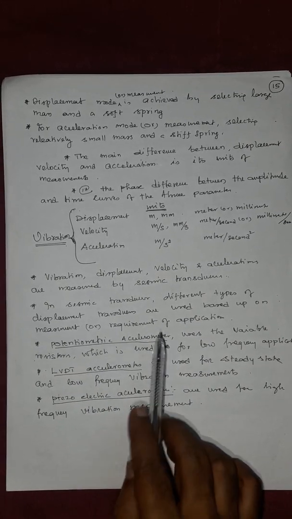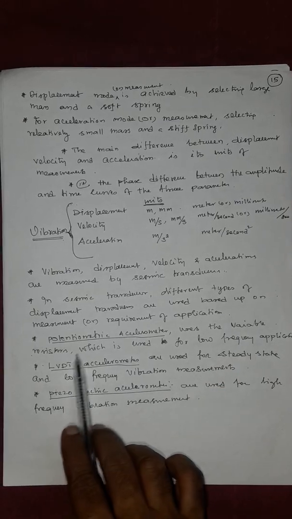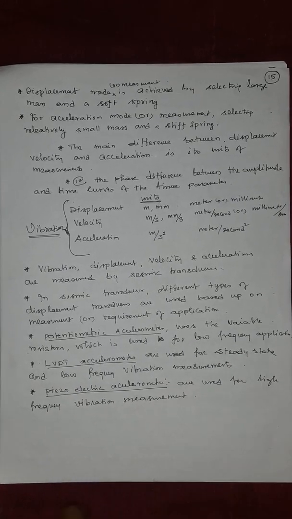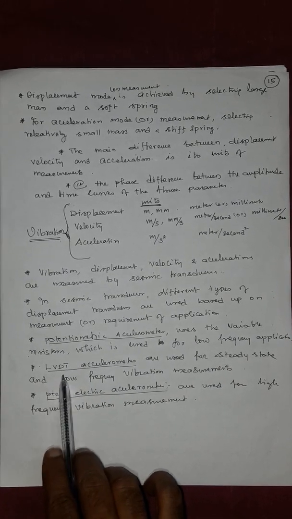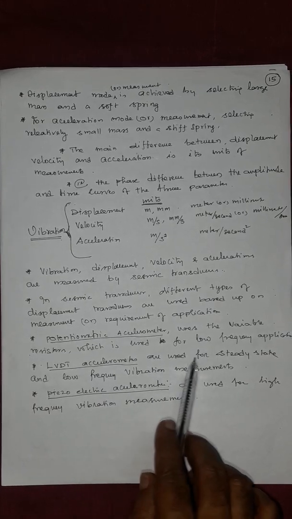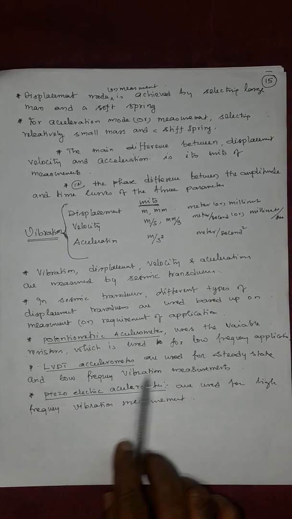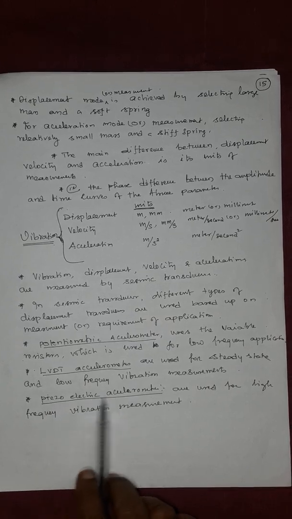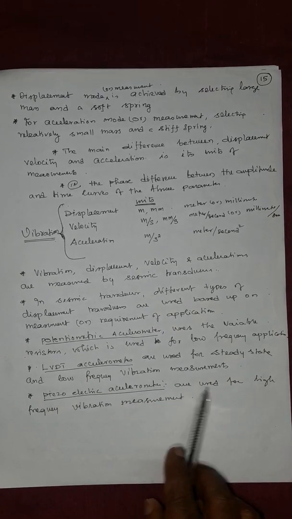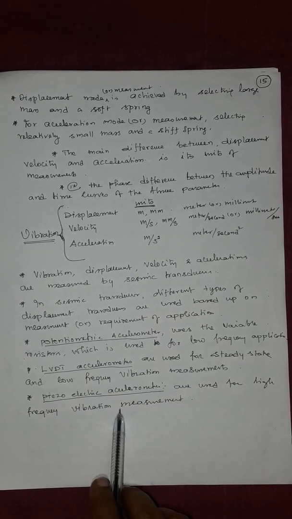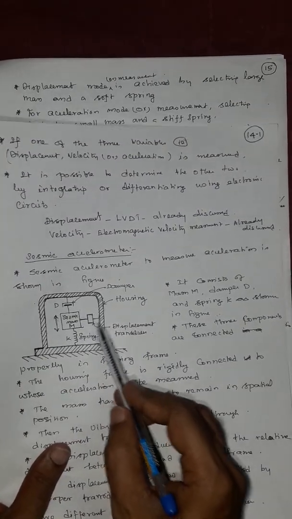A potentiometer accelerometer uses a variable resistor and is used for low frequency application. LVDT accelerometers are used for steady state and low frequency vibration measurement. Piezoelectric accelerometers are used for high frequency vibration. So in this frame the transducer is replaced.